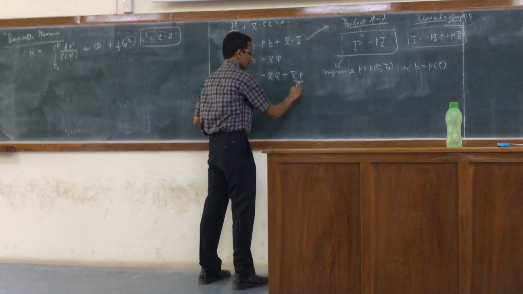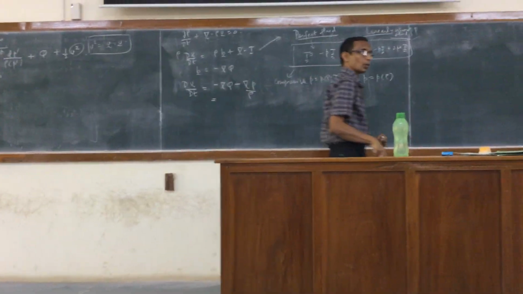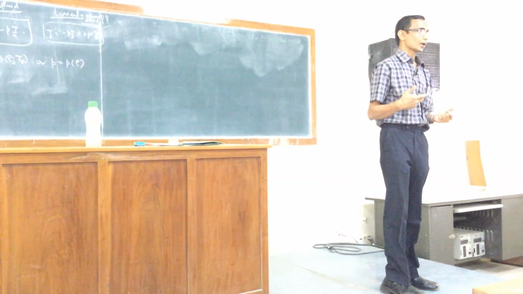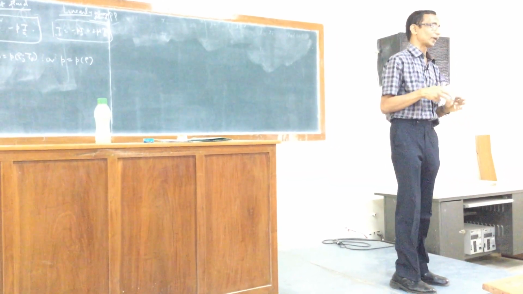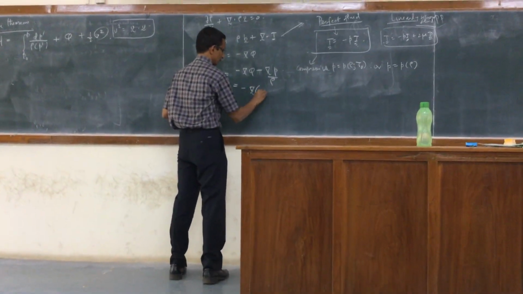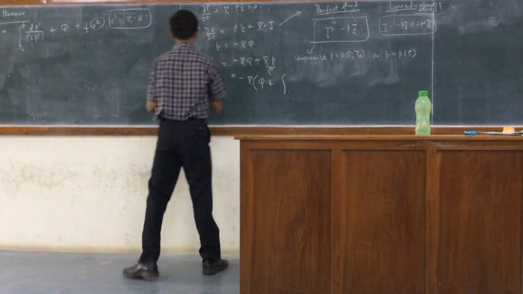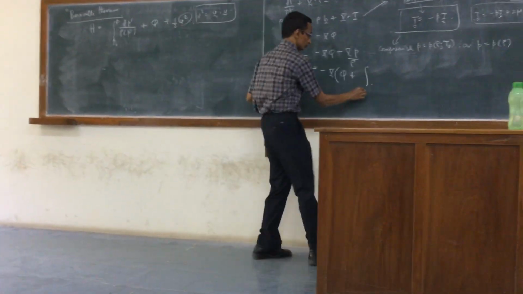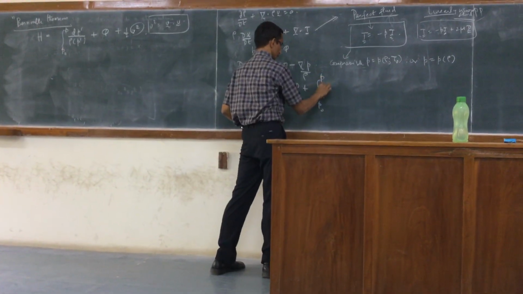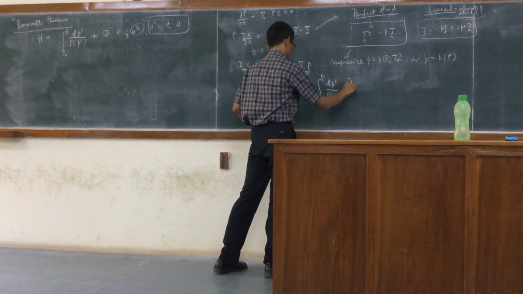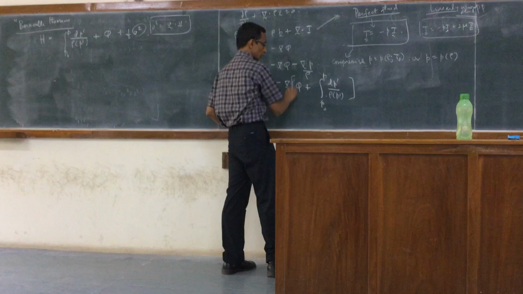However, the complication will come because rho has to divide throughout. So the density is not a constant as in an incompressible fluid. We have to somehow take that into account, and it is possible to show that this can be written in the form that I have here, P naught times T. Now what is rho of P?